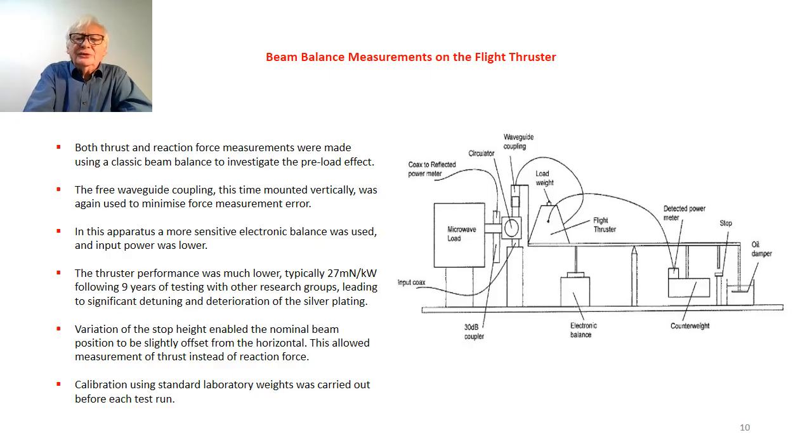What we were able to do was to enable the beam balance to measure both thrust and reaction force by carefully setting the beam slightly offset from horizontal. And we did this by varying the stop height. And so we could, as I say, measure both thrust and reaction force without actually moving the configuration of the thruster itself.